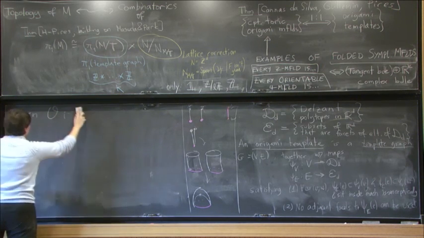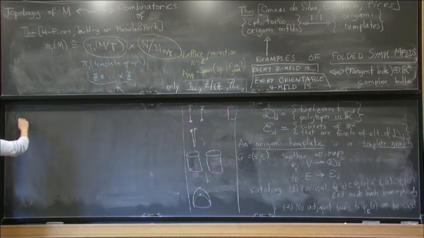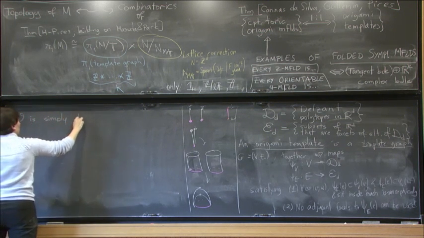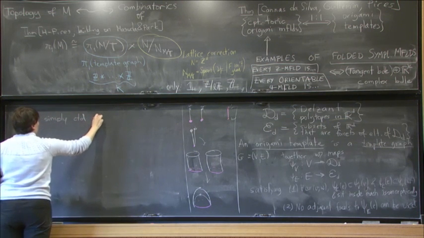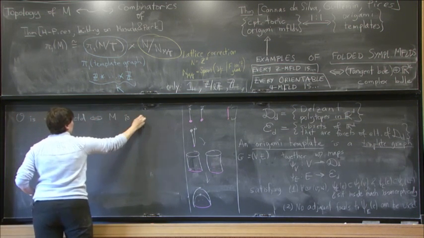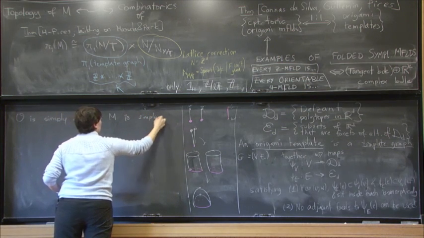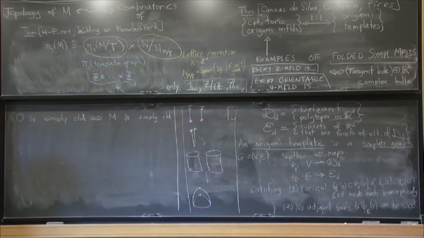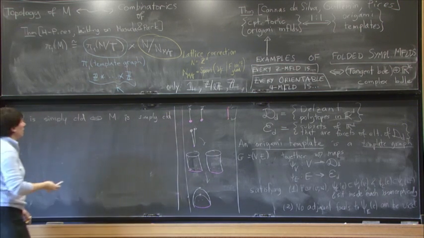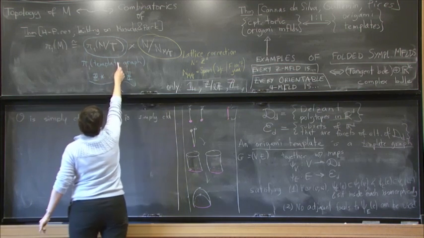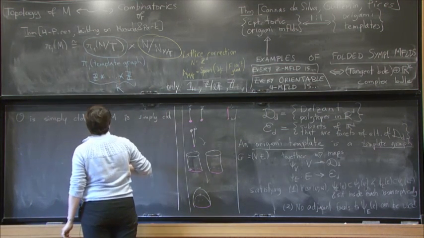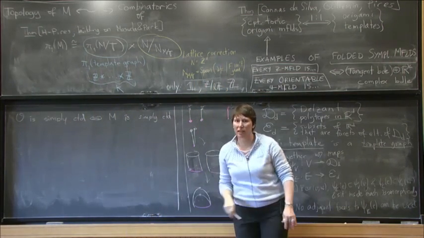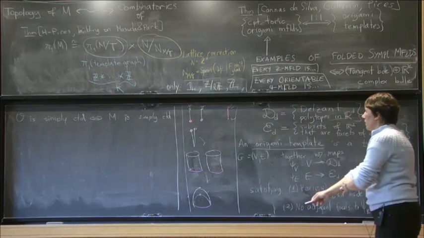Well, so actually what is true is that O is simply connected if and only if M is simply connected. So if M is simply connected, both of these have to go away. In particular, this has to go away. But if this is simply connected, it turns out you have to have a fixed point, and so you can't have this lattice correction. So this is an if and only if.